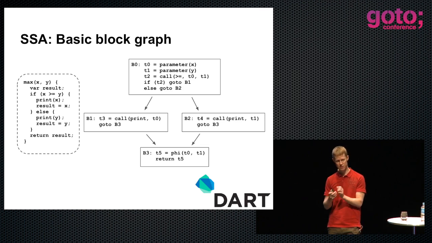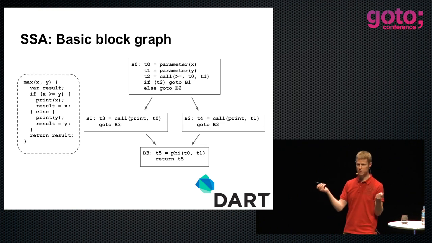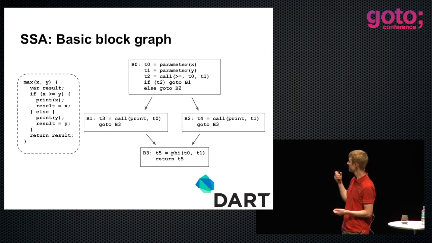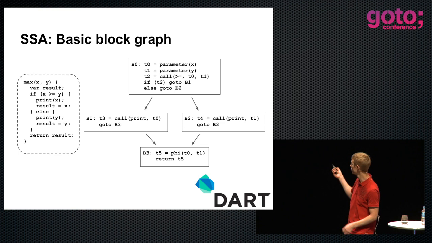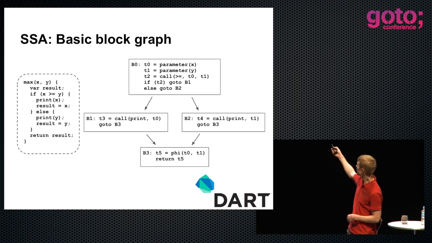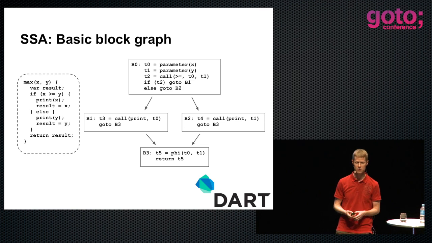They are nodes that explicitly merge two possible values from two different points in the code. The static single assignment property is that every single value produced is only produced in one place. So for instance, when you go to B3, we have to figure out if the return value that we need to produce is from T0 or T1.